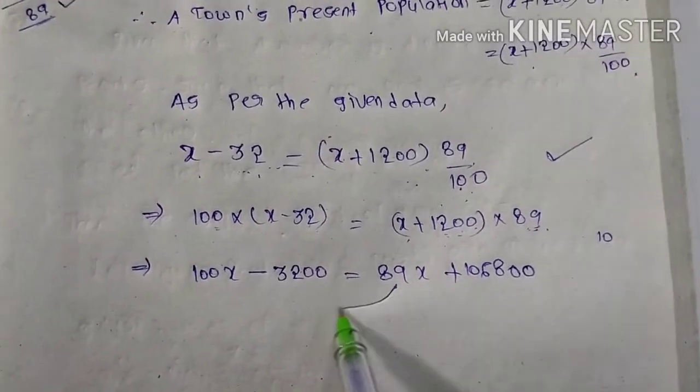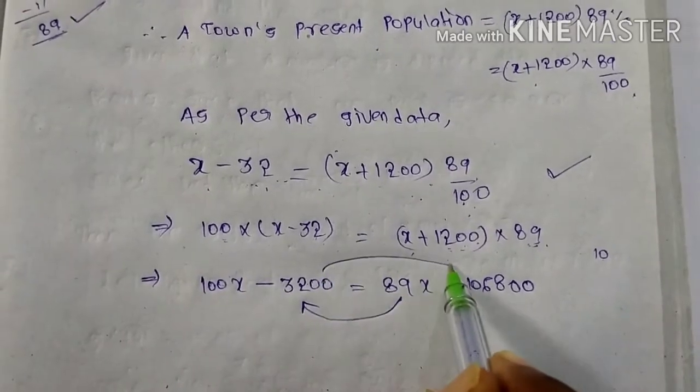Now you can transpose the remaining terms. Transpose 89x to LHS and 3200 to RHS.